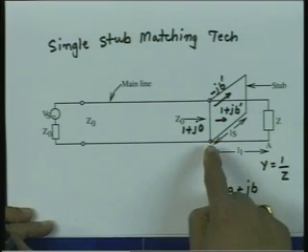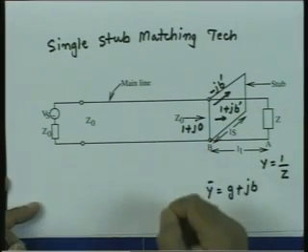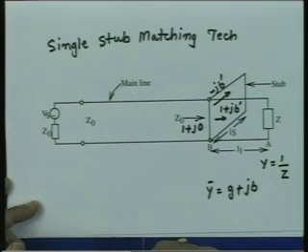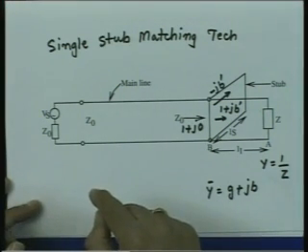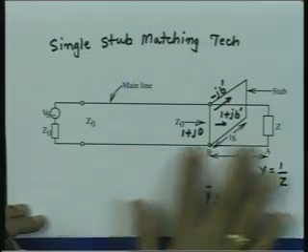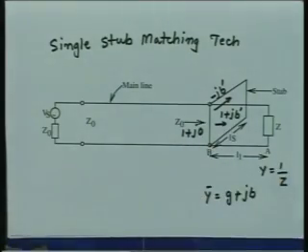But for changing the location of the stub, I have to desolder or remove the joint, again drill a hole somewhere else in the coaxial cable, and again make a joint, which is an extremely tedious process. So, though the single stub matching technique can match all possible loads, it has this drawback that for every load to be matched, the location of the stub has to be changed, which every time may not be that easy.